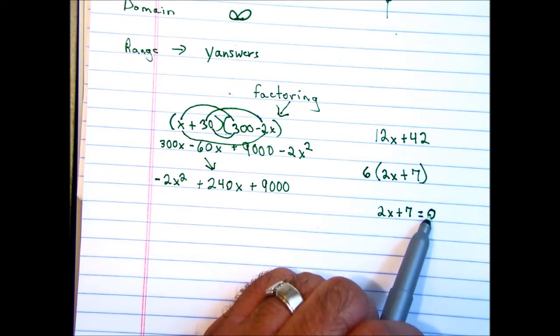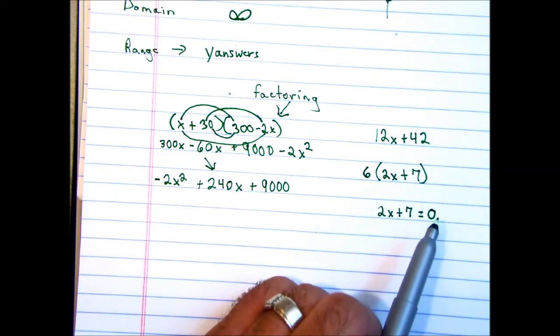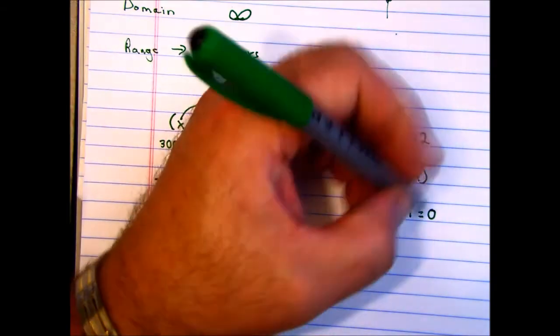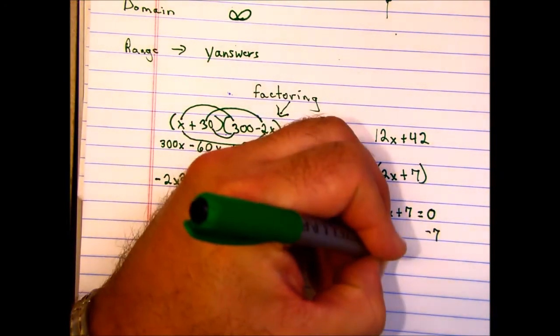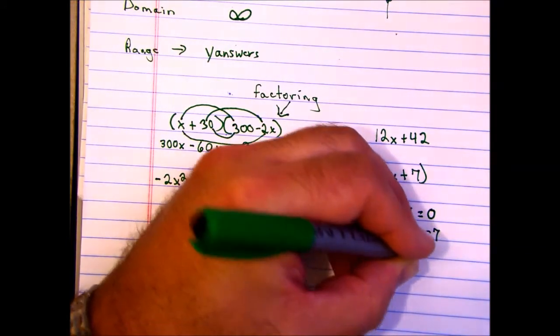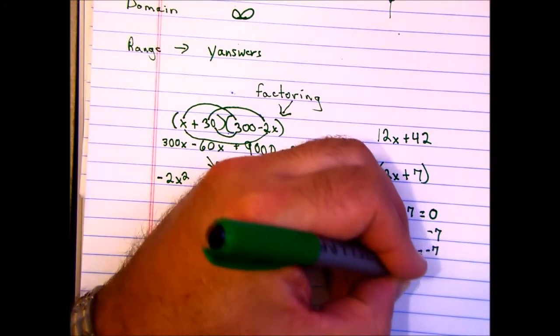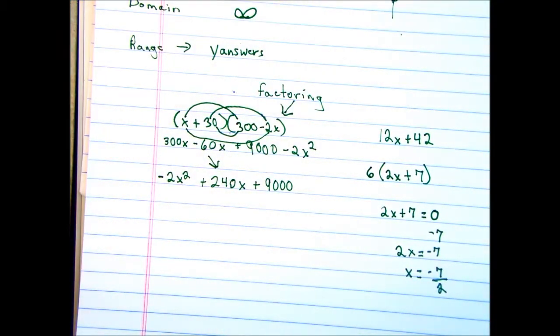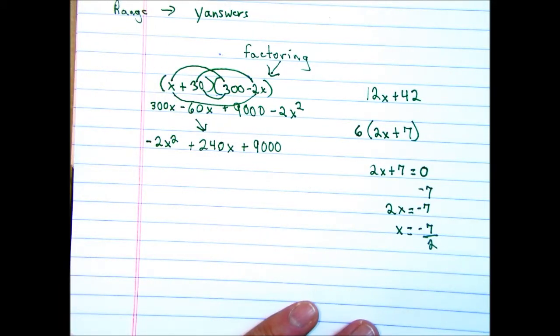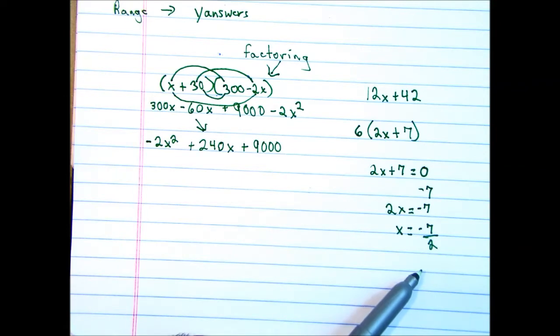Remember, I'm finding the x-intercept. So I put a 0 in for the y. And my x-intercept would be negative 7/2. It doesn't go in evenly, so we just keep it as a fraction.